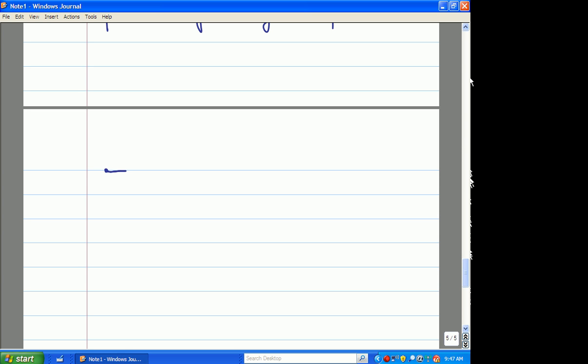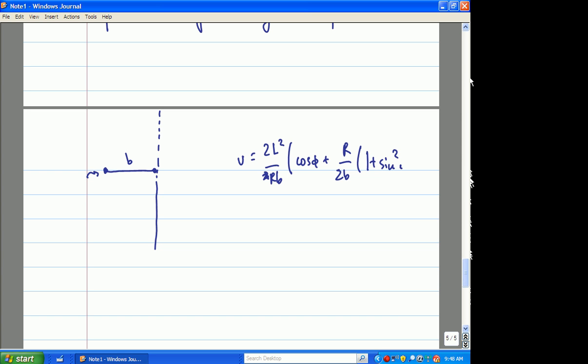Well, the initial trajectory was a straight line where, say, we had the origin, which was the sun, over here. And then the initial trajectory just continued on a straight line. So we know that at late times, our actual trajectory, as we've found above, where U is equal to 2L squared over RB times cosine phi plus R over 2B times 1 plus sine squared phi plus 2 sine phi.